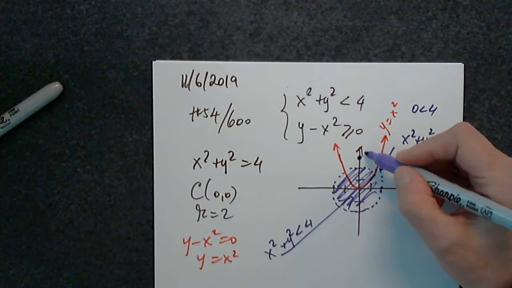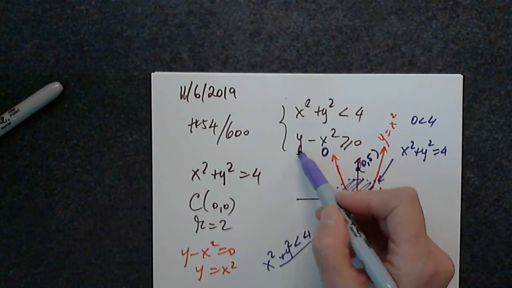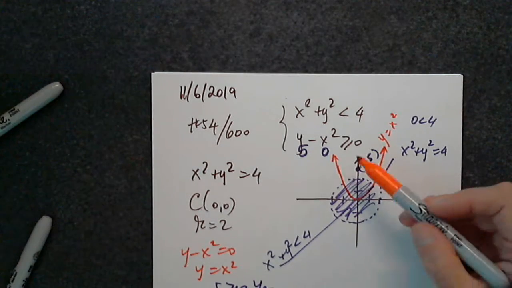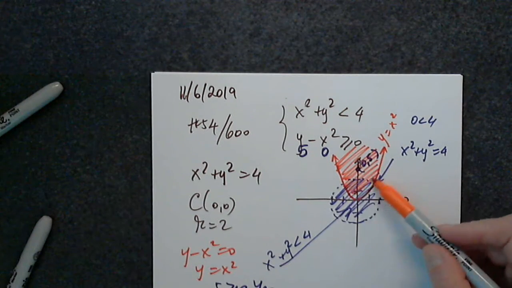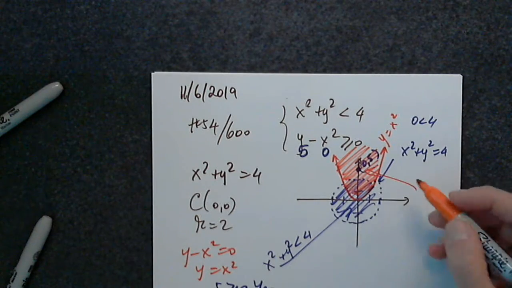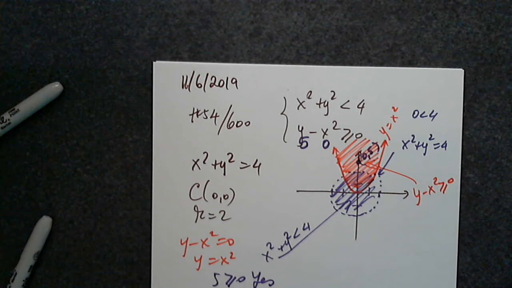So let's say I pick this point, 0, 5, which makes 5 greater than or equal to 0, which is a yes. So therefore, we have to shade in the inside of the parabola. The inside of the parabola has y minus x squared greater than or equal to 0.